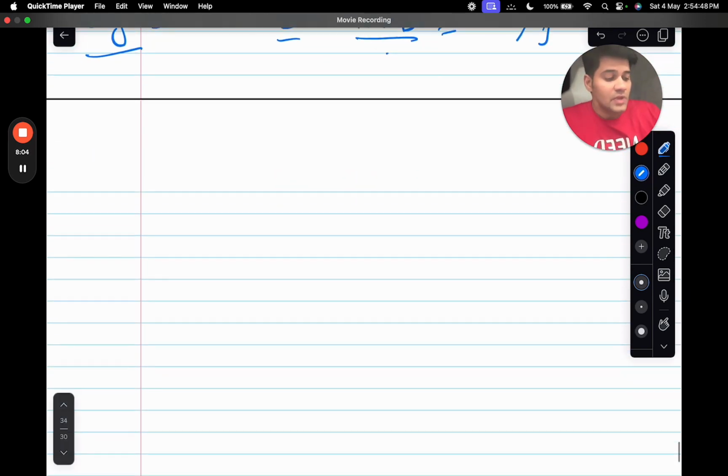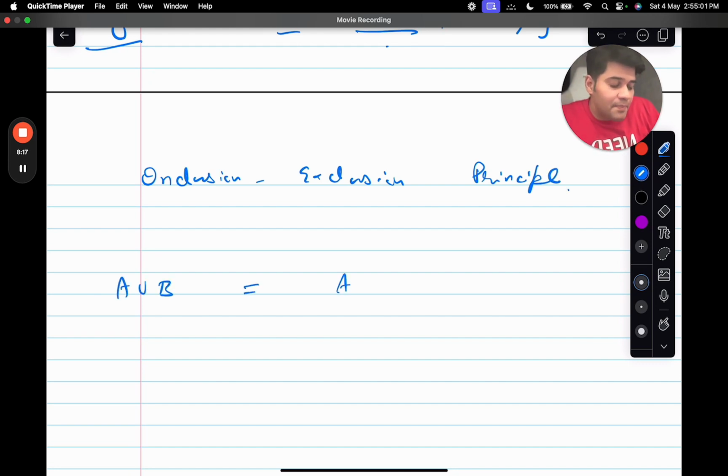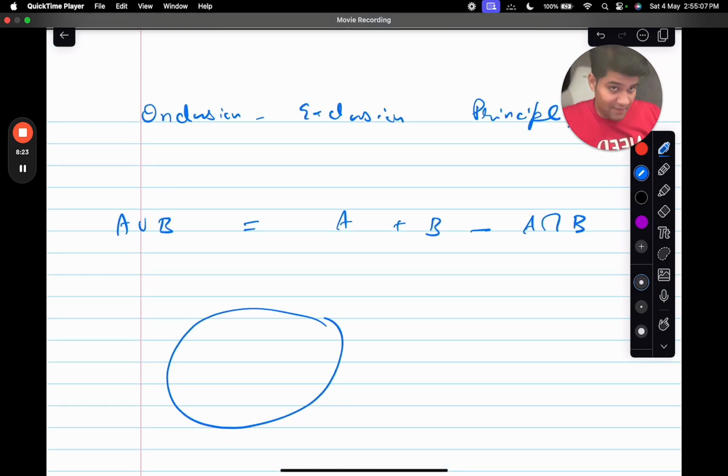Alright. Now the most important thing, which is called the inclusion exclusion principle. You have to understand that, and we would also do it for 3 sets. So this says that A union B is equal to A plus B minus A intersection B. And you have to think why so. Because union does not have duplicates.